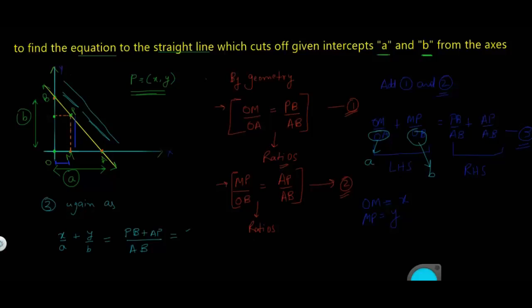So what we get is 1. So the equation to the straight line which cuts off intercepts a and b from the axis is obtained as x divided by a plus y divided by b is equal to 1. So this is the required equation that we have to find out.